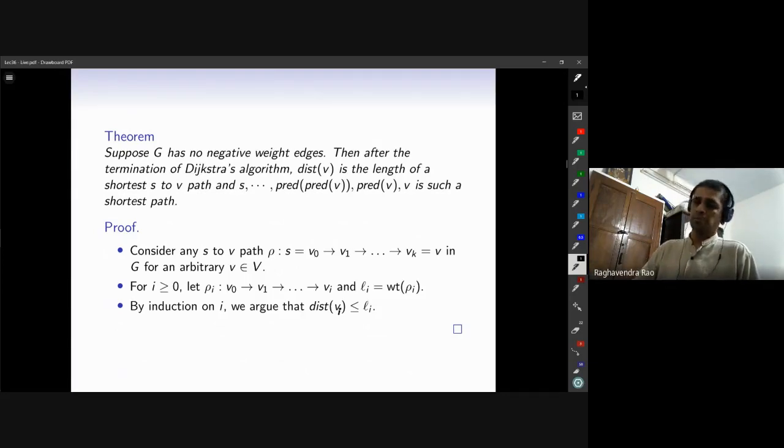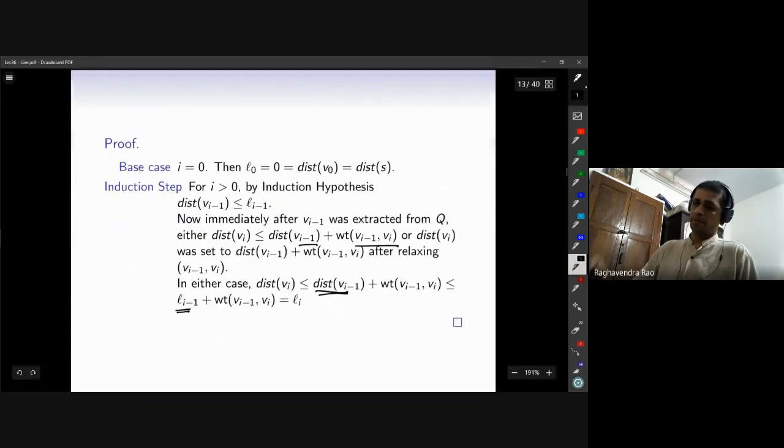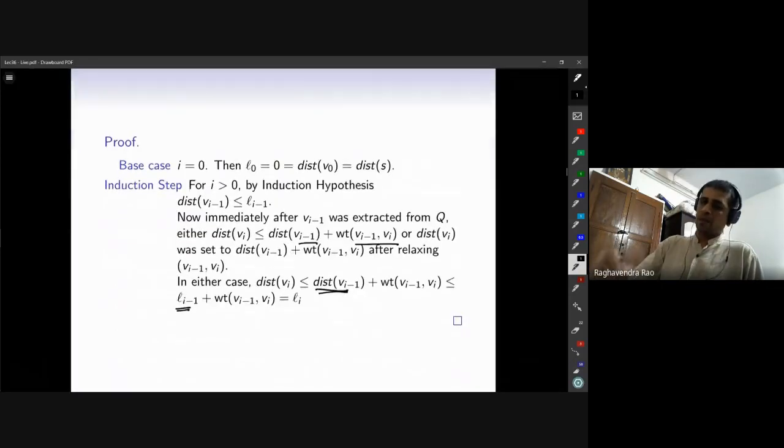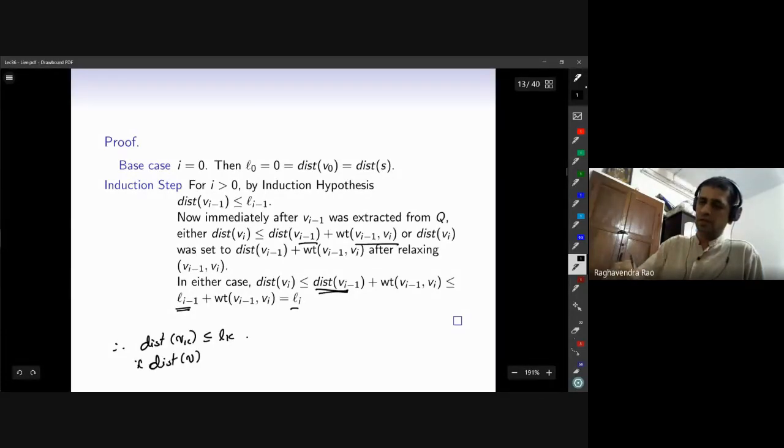So that is what we require, right? Distance of Vi is at most Li. Therefore, distance of Vk is at most Lk. That is, distance of V is at most weight of rho.